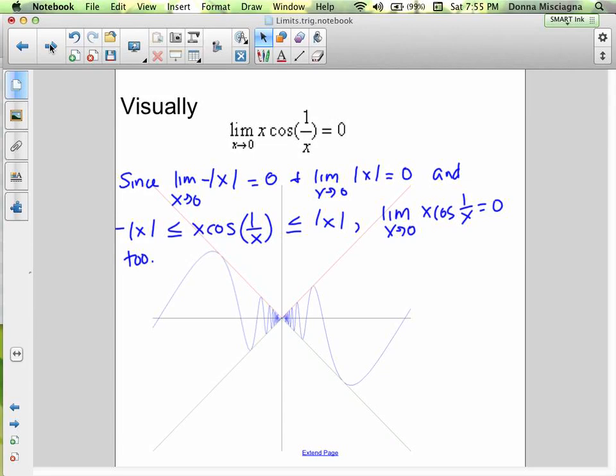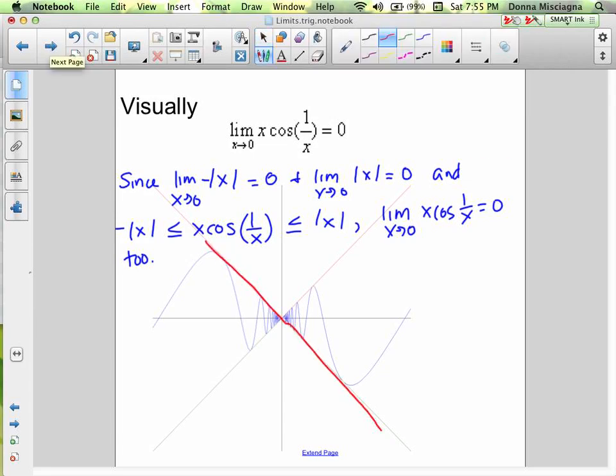Right? So it's a little hard to see, especially the lines here. So this function right here, this is y equals negative x. We know that function. And this function here is y equals positive x.